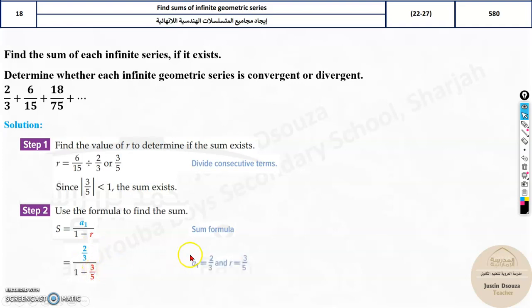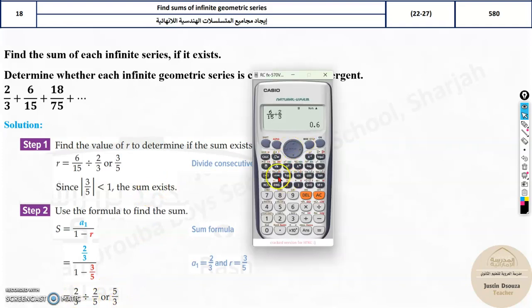It's 2/3 divided by 1 minus 3/5. The answer will be directly 5/3. So if you sum the sequence, you'll get 5/3.